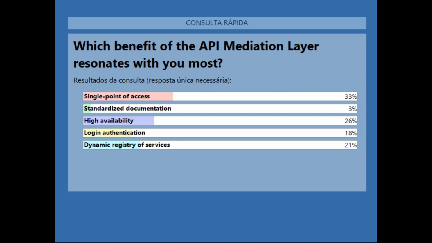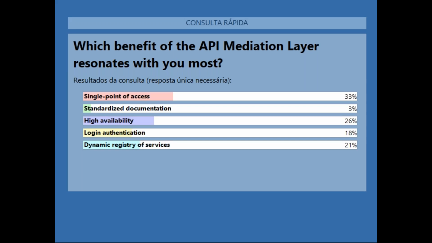And at the security level as well. Exactly. Yeah, it's the single point of access, and the URL being the only access point to your REST APIs is very, very important. Yeah. In second place, we had the high availability that we were just mentioning.